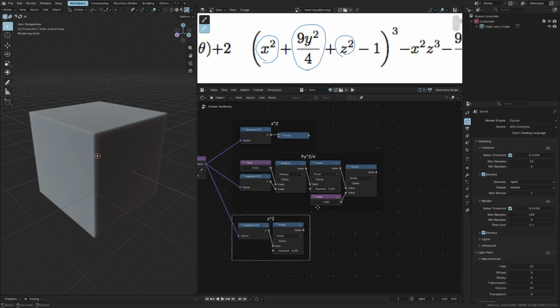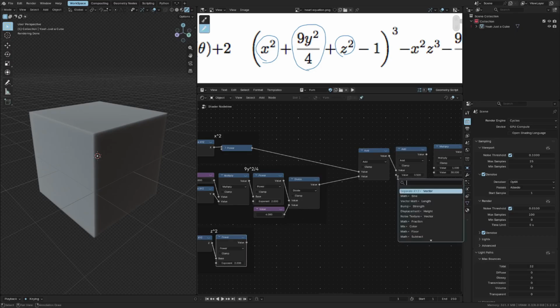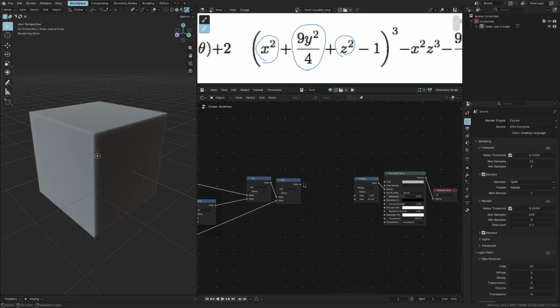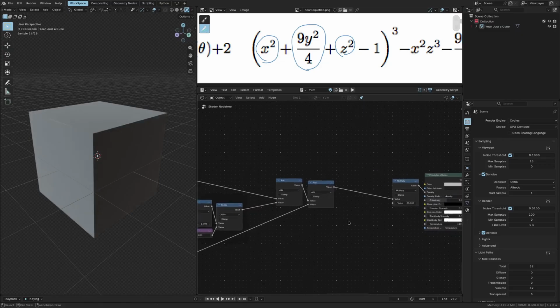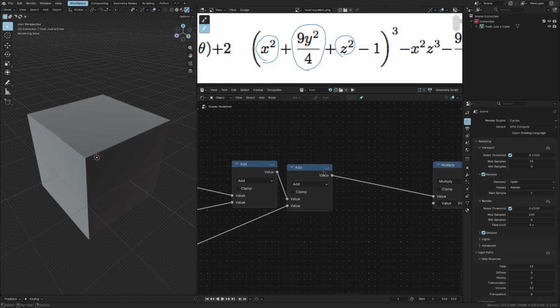We need to add all of these things, and subtract. We're going to move a little bit to the right. Oh, we get a more dense look.